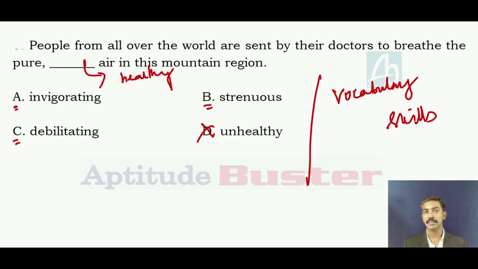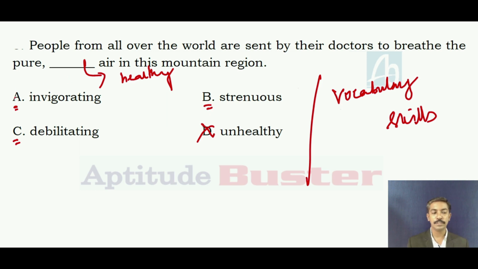You cannot answer all the questions. If you want to answer all the questions, if you want to become a topper, then yes, with practice on the contextual approach, with practice on predicting a word for the blanks, you need to improve your vocabulary skills as well. And I want to convey that message through this question.